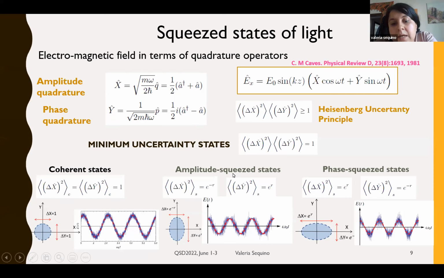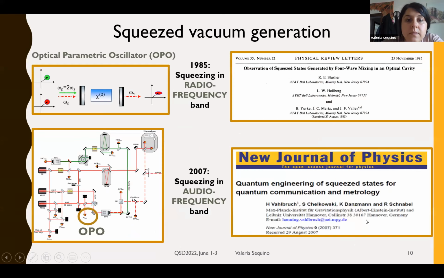Concerning squeezed states, one of the two quadratures is compressed. Then the variance of one of these two quadratures is compressed. For example, for amplitude squeezed states, we have less noise in amplitude and more noise in phase with respect to the coherent case, while for the phase squeezed states, we have the contrary, less noise for the phase and more noise for the amplitude.